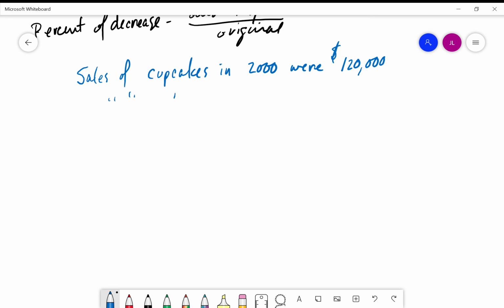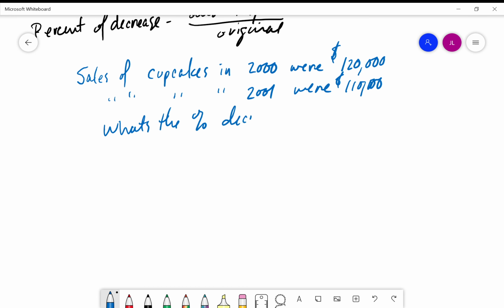And then sales of cupcakes in 2001 were $110,000. And let's say, what's the percent decrease?